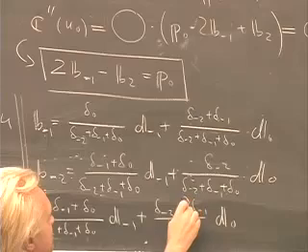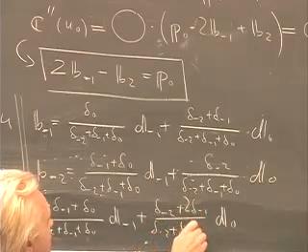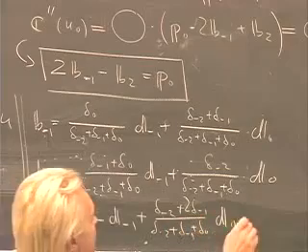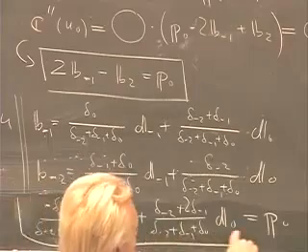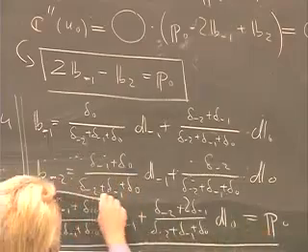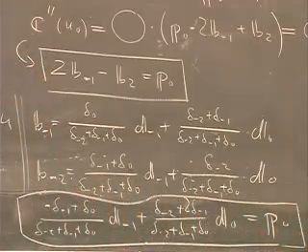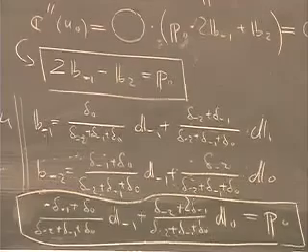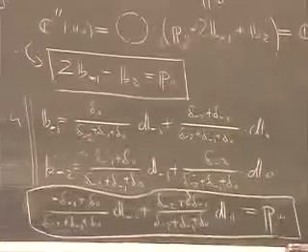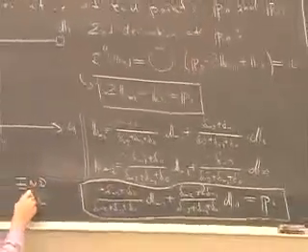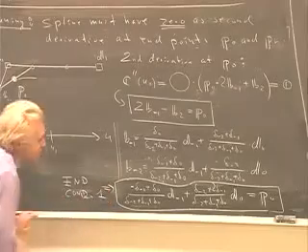Okay, 2 times delta minus 1 divided by delta minus 2 plus delta minus 1 plus delta 0, which should be on the right-hand side, 0. That's the condition. That is end condition number 1 for the natural spline.